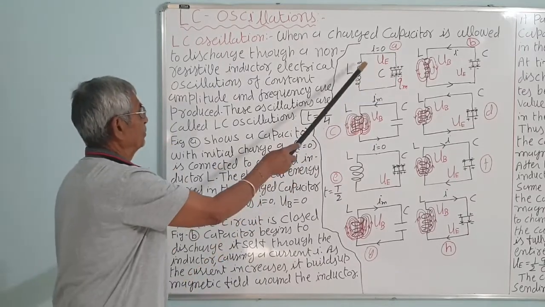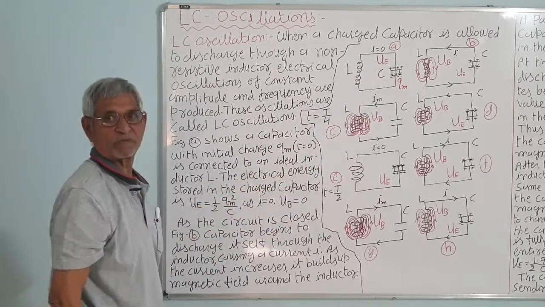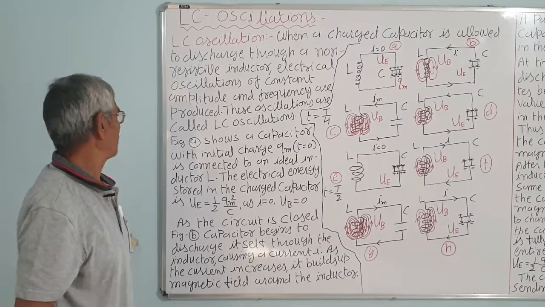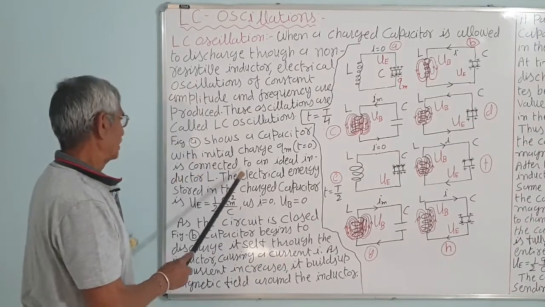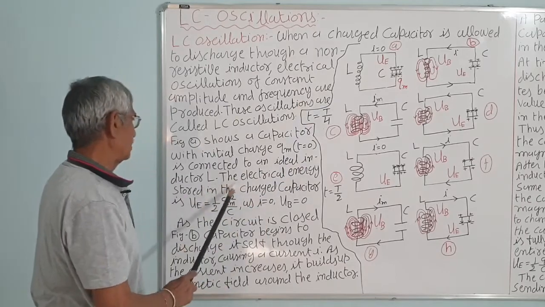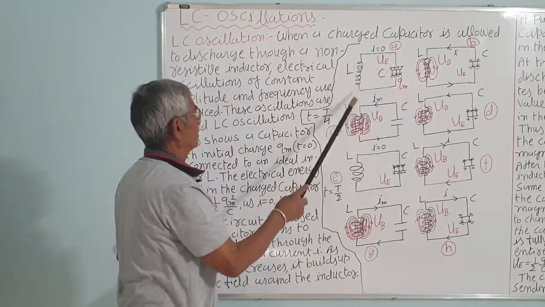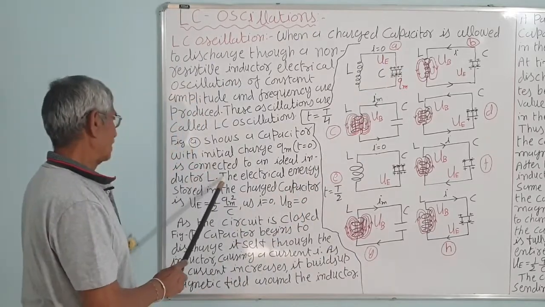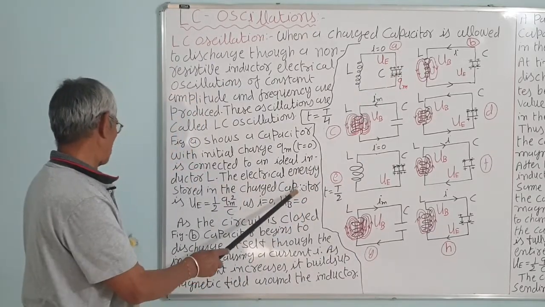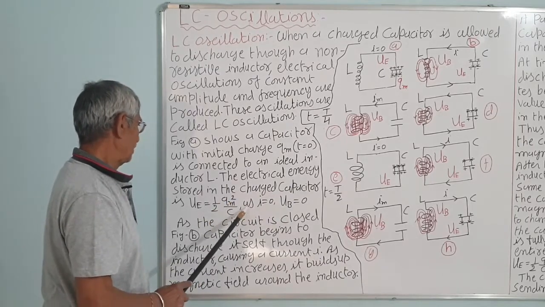At t equal to 0, the current is 0, but the capacitor has maximum charge Qm and is fully charged, and it is connected with the ideal inductor. When connected, the capacitor will discharge. The electrical energy stored in the capacitor is half Qm square by C.